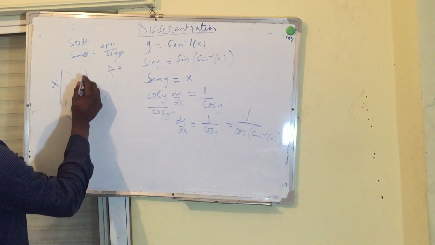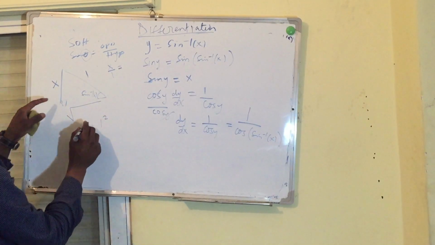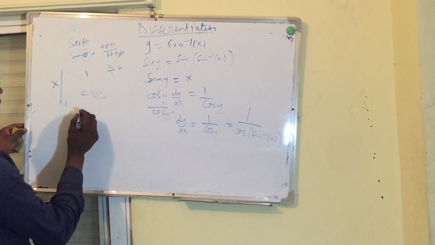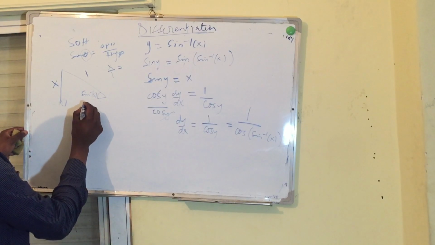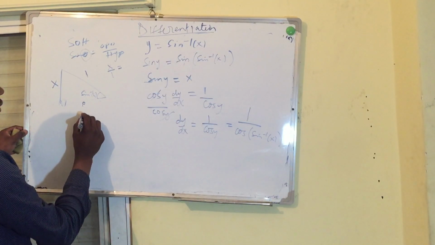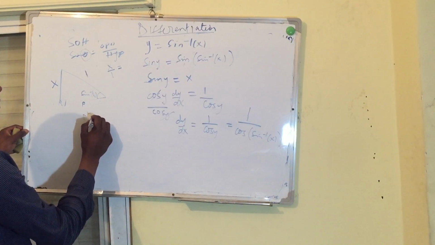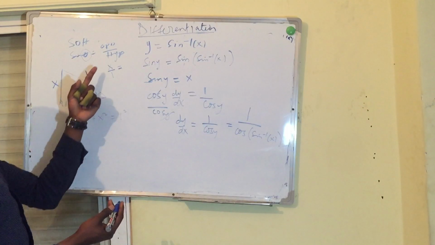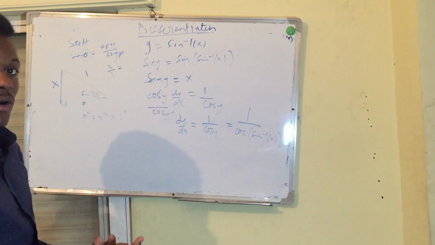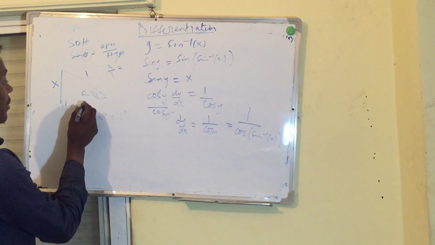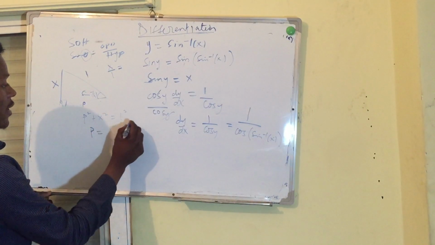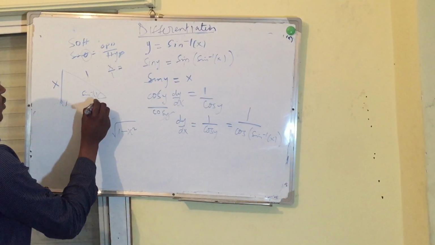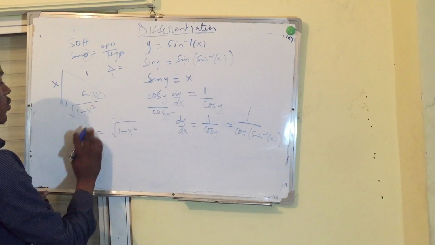Using Pythagoras theorem, let us call this side p. So p squared plus x squared is equal to 1 squared. Pythagoras theorem: the square of the hypotenuse is equal to the sum of the squares of the other two sides. So p is the square root of 1 minus x squared.